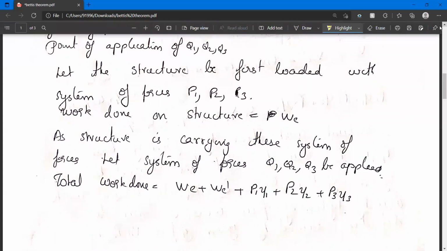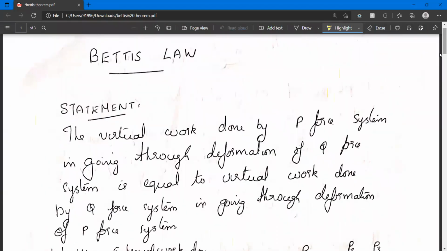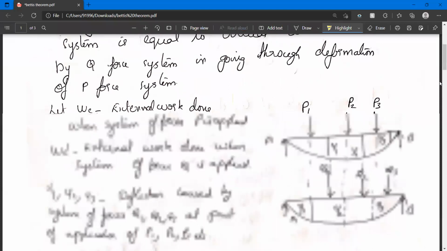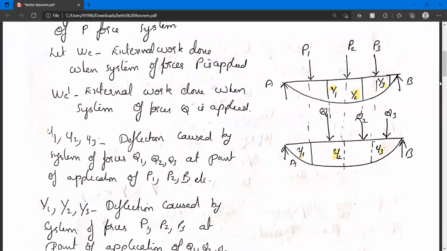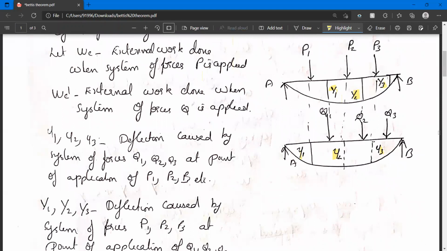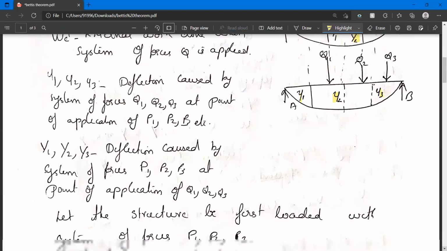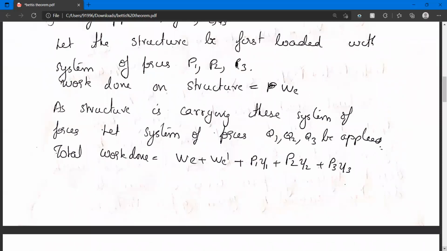Let us see the notations once again. Here WE is external work done when system of forces P is applied. WE dash is external work done when system of forces Q is applied. So when Q is applied, WE dash. Okay. So here we are taking first the structure.